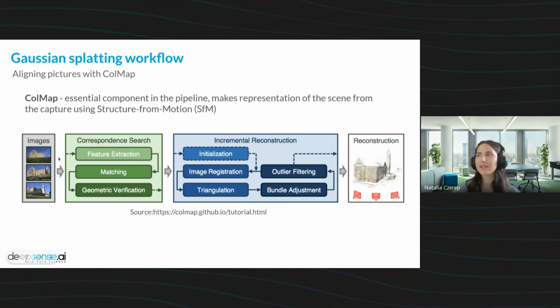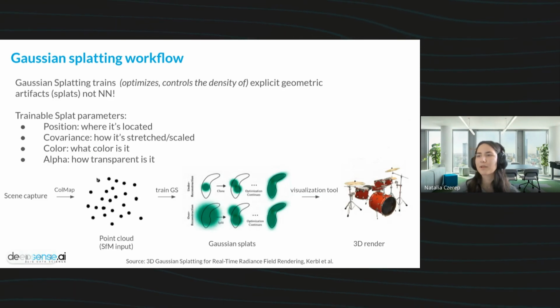Basically, its main task is to perform feature matching. It extracts features from different images and matches them, and then uses triangulation to reconstruct. When we have the point cloud, the output from COLMAP, we can now train Gaussian splatting.